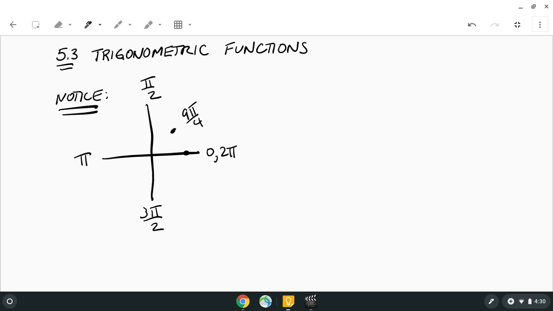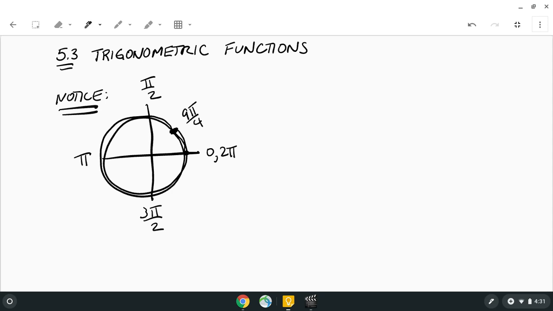right? It doesn't really matter how many times I go around. So whether I go all the way around and then land here, I can go even another 2 pi, 13 pi over 4.